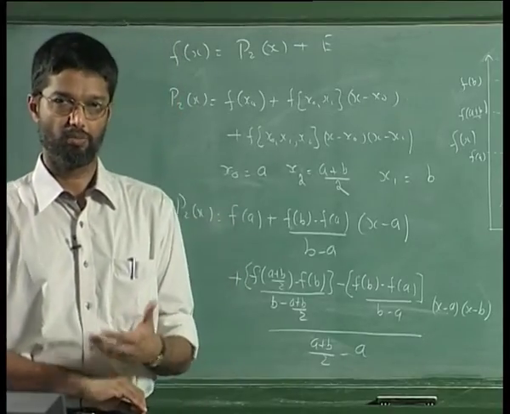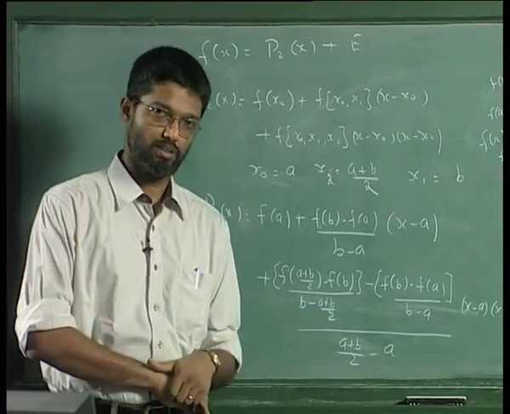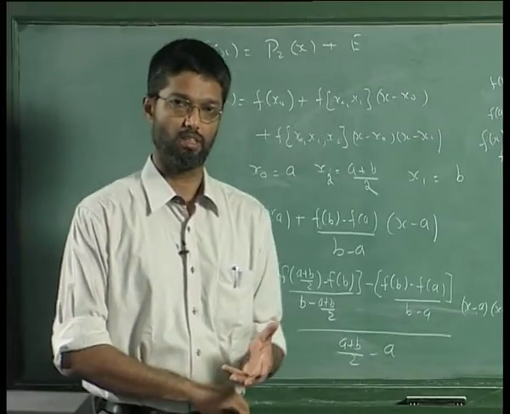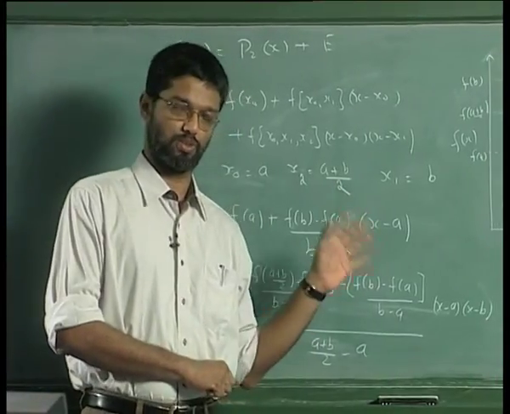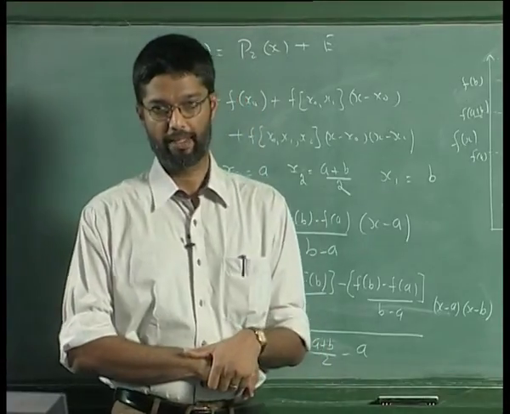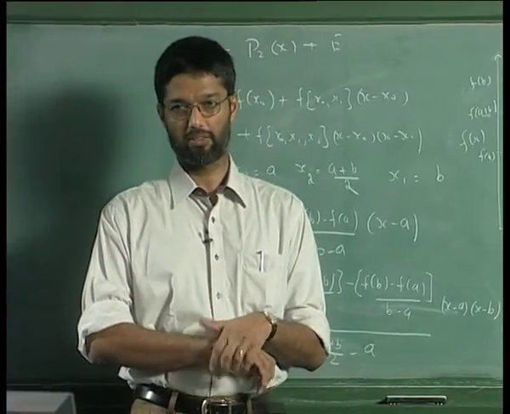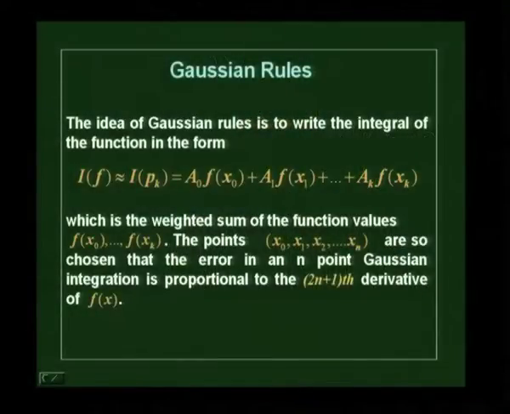They are a little more complicated concept-wise, but the accuracy is much larger than these simple approximations which we saw as the rectangular, midpoint, trapezoidal, or Simpson's rule. So this new method is classified as Gaussian rules, and we look at them now. It is a little more complicated than what we saw, but much more accurate than the simple rules.